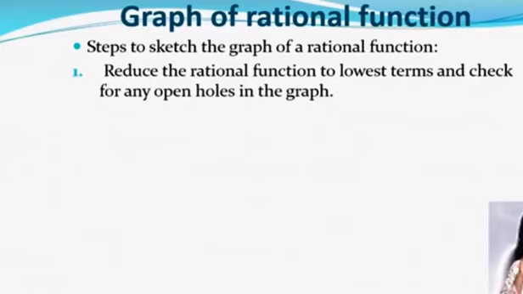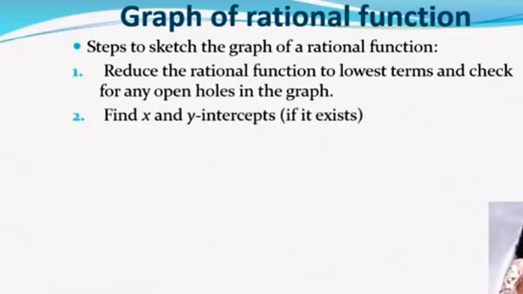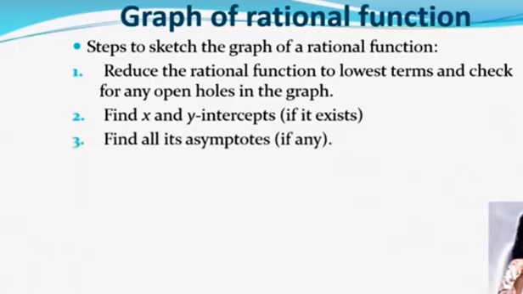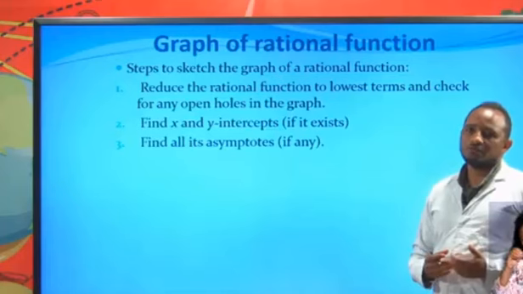So, to draw the graph of this expression, first, let's factorize f of x and simplify if possible. f of x equals x plus 1 over, when you factorize this one, it becomes x plus 1 times x minus 2.